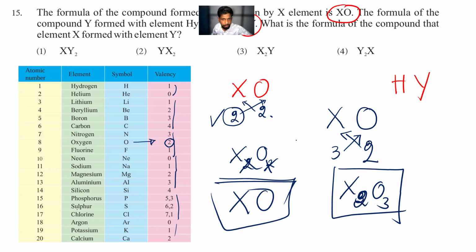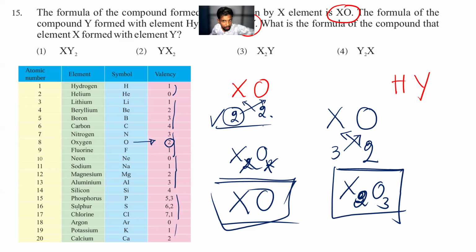Then you may argue with me, no, the X may have some other number. Okay, we'll check. Okay, we'll put 3. Okay, we have got the answer X2O3. So we want to get XO. If we want to get the answer XO, definitely the valency of the X will be 2. Did you get that idea? How did I find the valency of the X is 2?